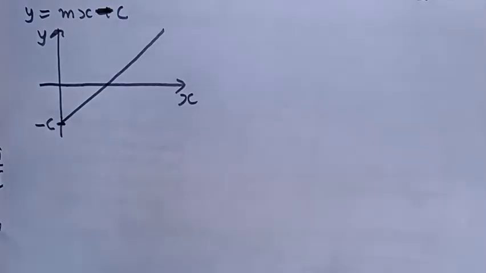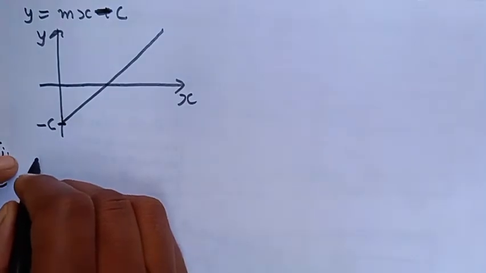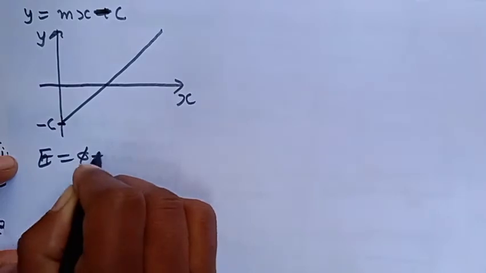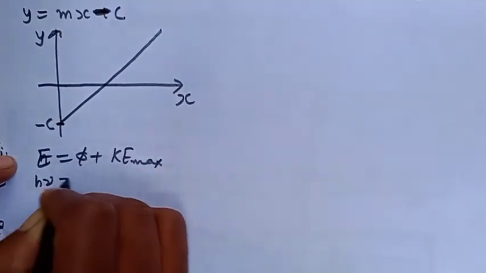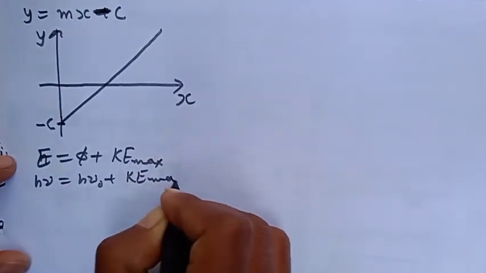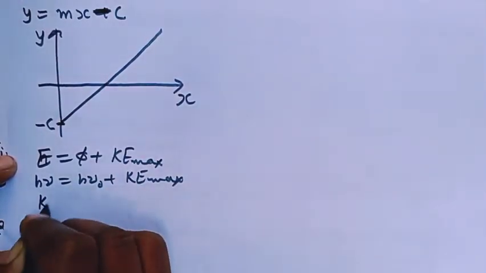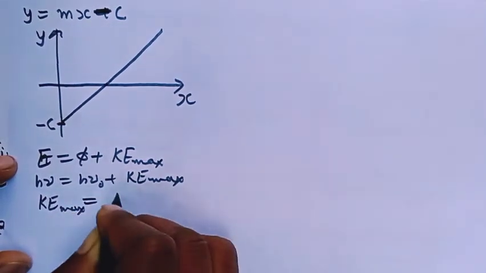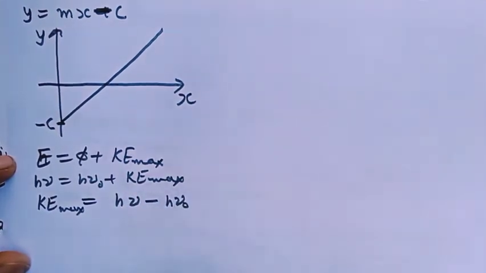So now correlate this with the photoelectric equations. First I will set the equations like E equal to phi plus KE max. So h nu equal to h nu naught plus KE max. If I write it this way, kinetic energy max is equal to h nu minus h nu naught.